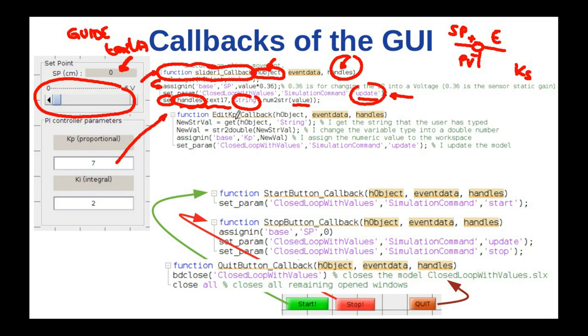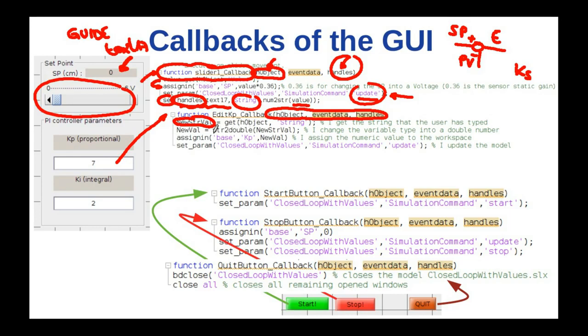Let's go now for this edit text. It is for the proportional parameter of the controller. As you can see, the input arguments are the same as always: hObject, eventdata, and handles. Then what I do is get the object string, and this new string value must be converted into a numerical value.